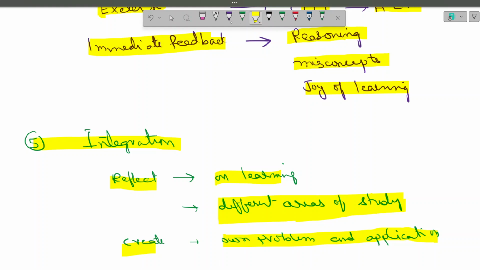From biology, how bacteria multiply, they can go using a mathematical equation. Even in math, from one branch of math to another, from geometry to integration, like that.